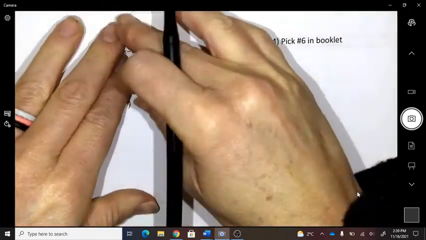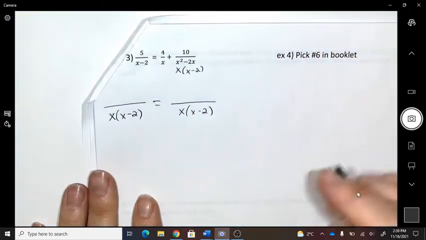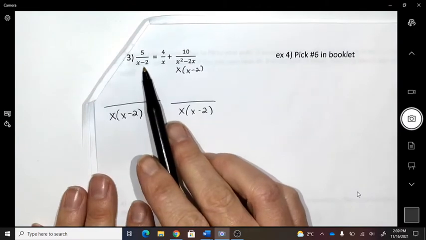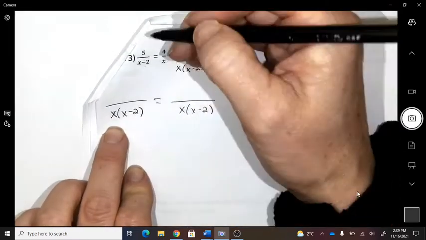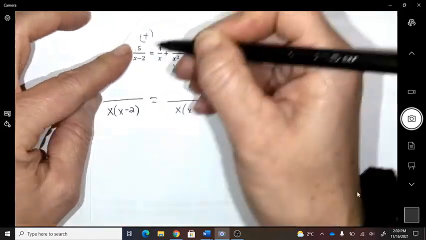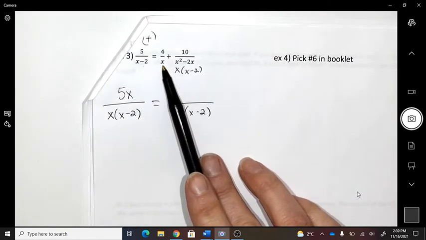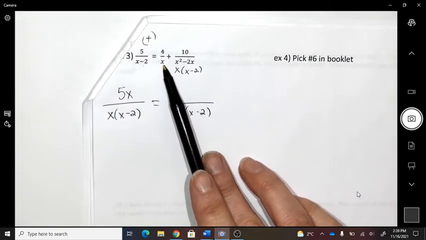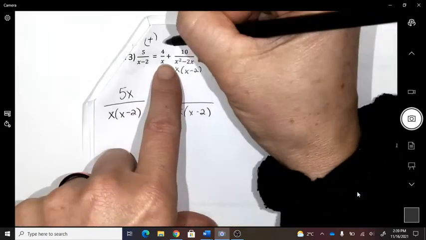All right, now we're gonna go through that process of what do we need as a missing multiplier. Okay, so looking at this fraction, it had an X minus 2. Therefore, it got times by a X. So 5X. Okay, next, the 4. So this bottom got multiplied by X minus 2.